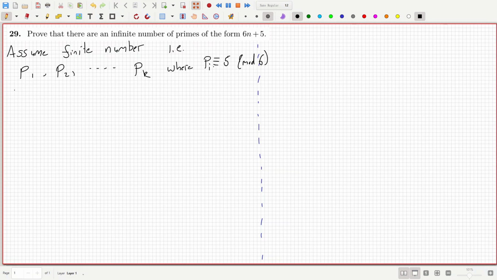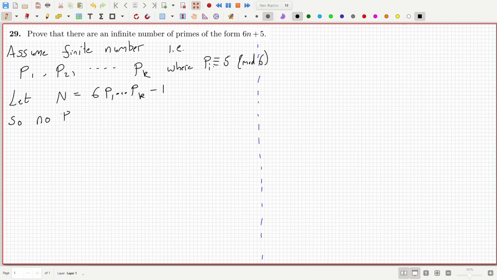Now, let n equal 6 times all these primes, minus 1. So you can see, because of this construction, some things we can note.